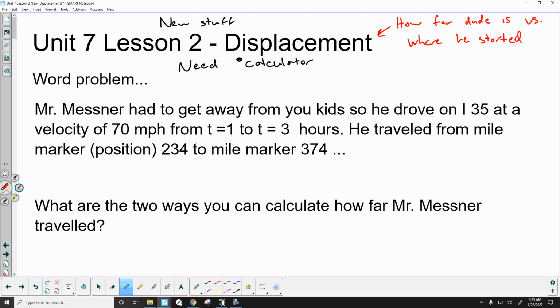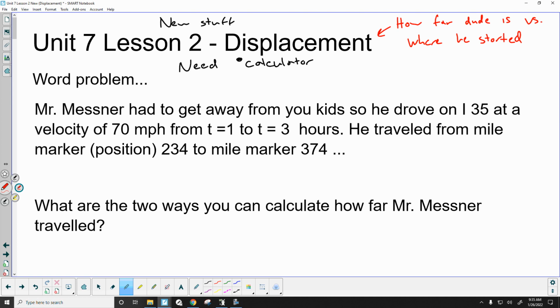And the key to this lesson is that there's two ways to calculate displacement. There's two ways to calculate what we'll see as, for the first question, a distance. Okay, so here's the first problem that hopefully will show you the two ways to calculate the distance.